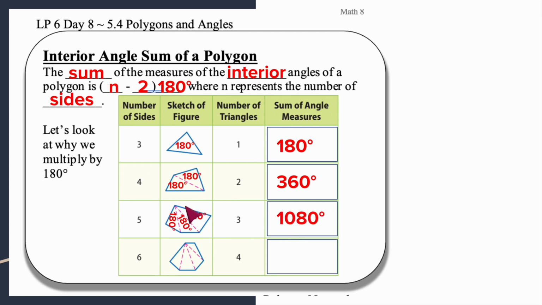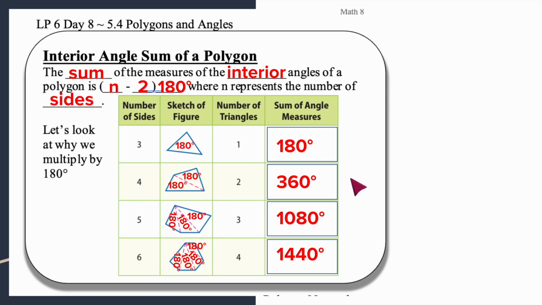So that means the 5 angles here add up to 540 degrees. Or 6 sides. So 6 minus 2, that's 4. So I have 4 triangles, each equal 180 degrees. So 180 times 4 is 720. We can keep going on this, this is as far as we go on this diagram, but this is the idea. Basically, we're figuring out how many triangles there are, and each triangle is worth 180 degrees.